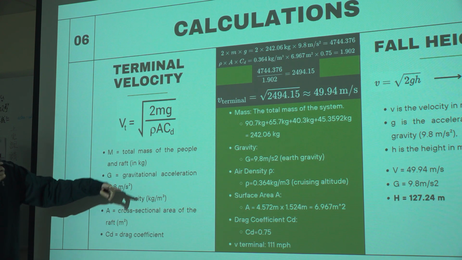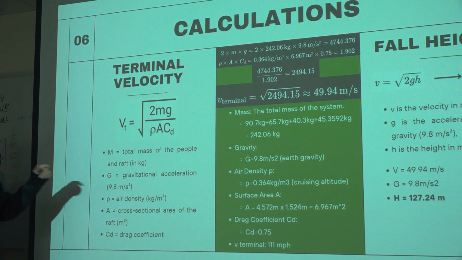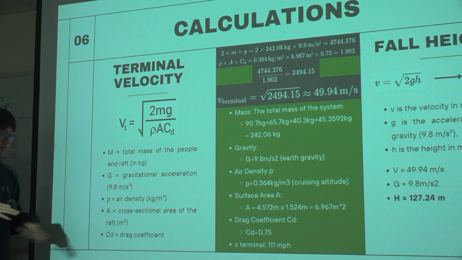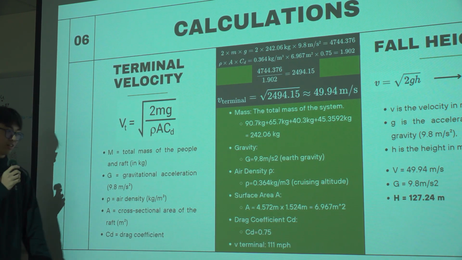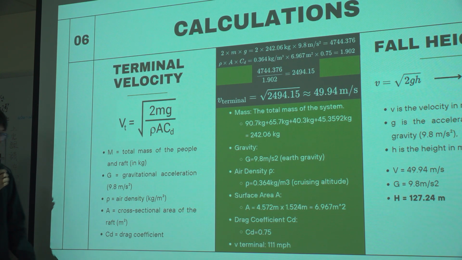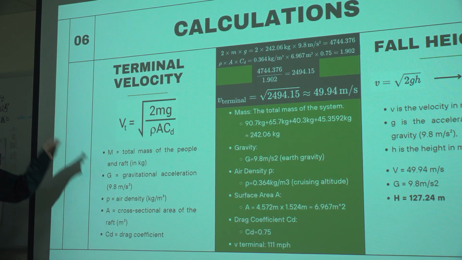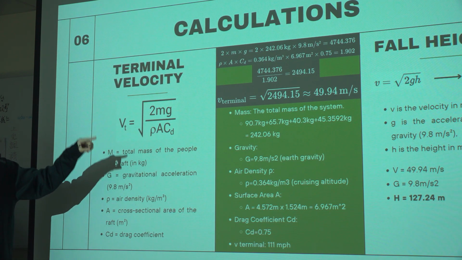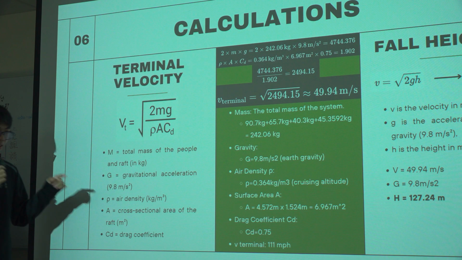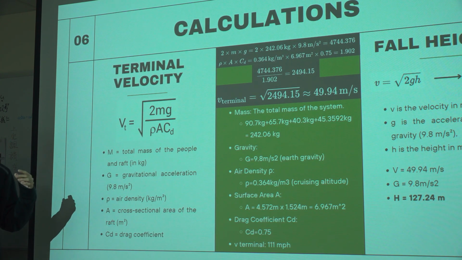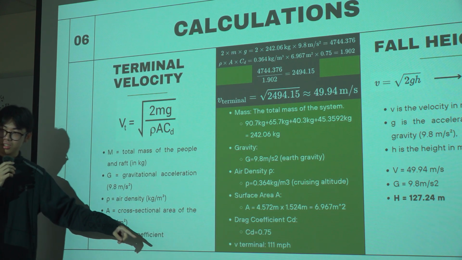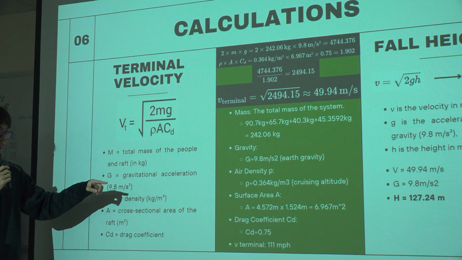The lifeboat they're using is approximately 7 square meters in surface area, and the drag coefficient I found on the internet also. Once I plug in all the numbers, I get approximately 49.94 meters per second, which is really fast. To know how fast it is, I converted it into miles per hour, which is approximately 101 miles per hour.